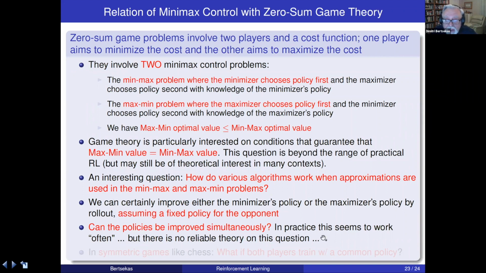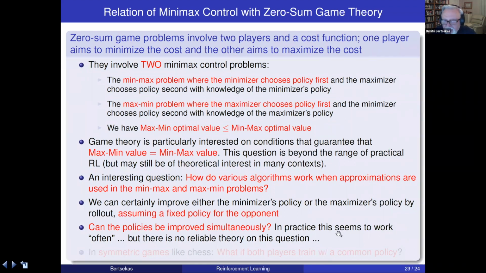In other words, is it possible to play against Magnus Carlsen, and as you improve the playing policy against him, he changes his policy? Not only do you learn from him, but he also learns from you. Then what happens? What kind of algorithm would you use? And what kind of guarantees does this have?